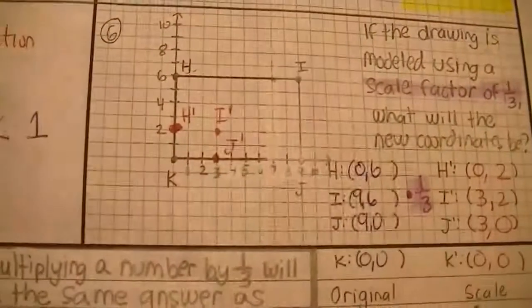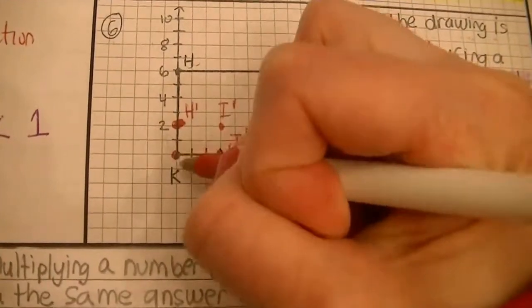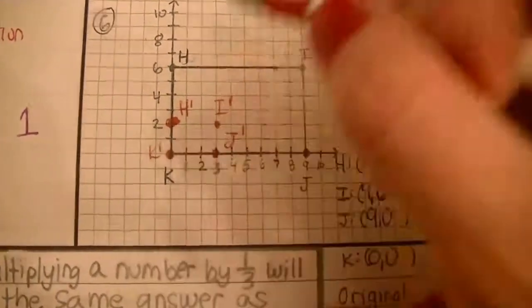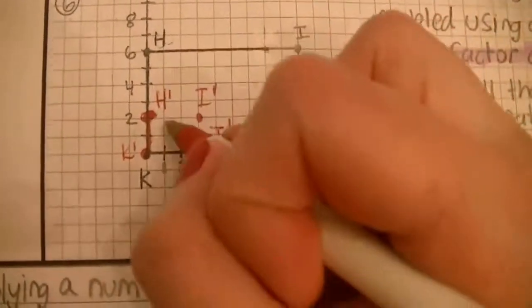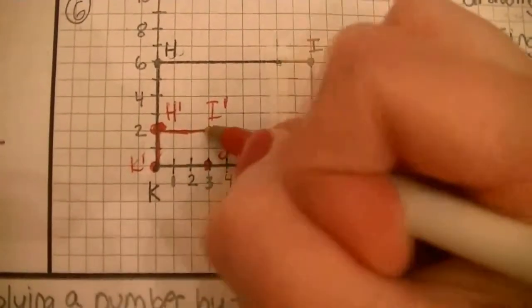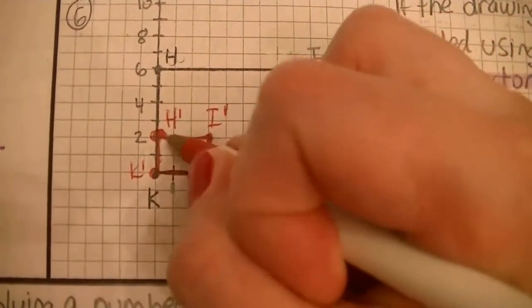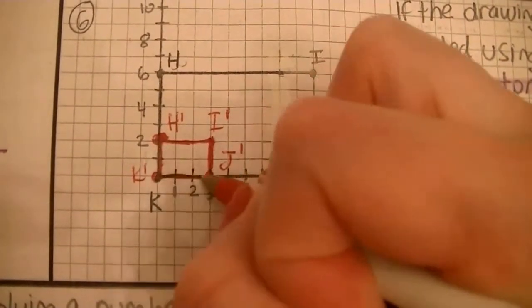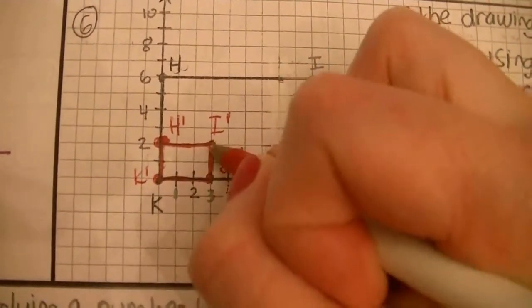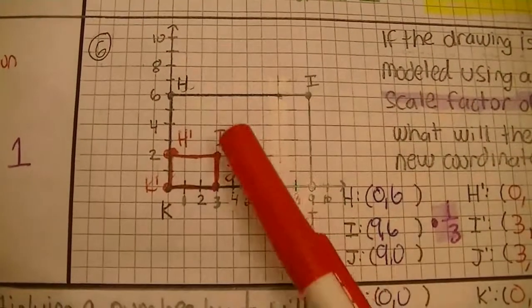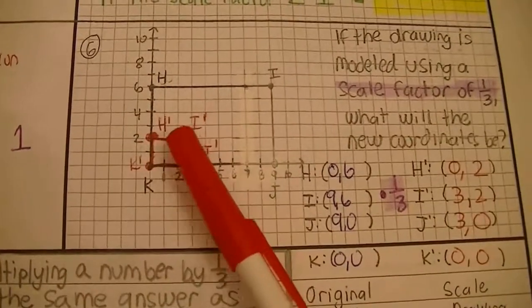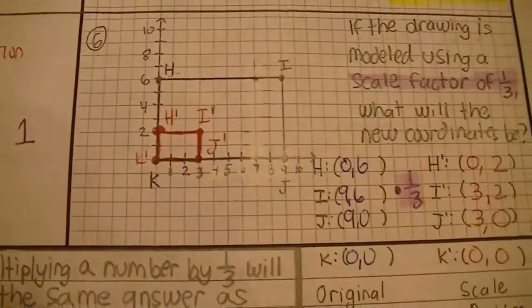And K prime is still in the exact same spot. Let's go ahead and connect those vertices. Vertices is the plural of vertex, I guess. Okay, and you'll see how it is a third the size of the original.